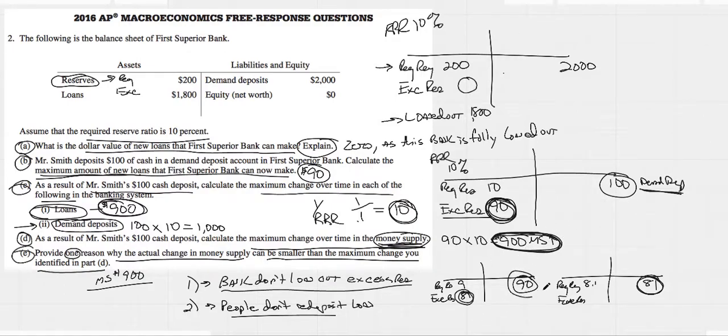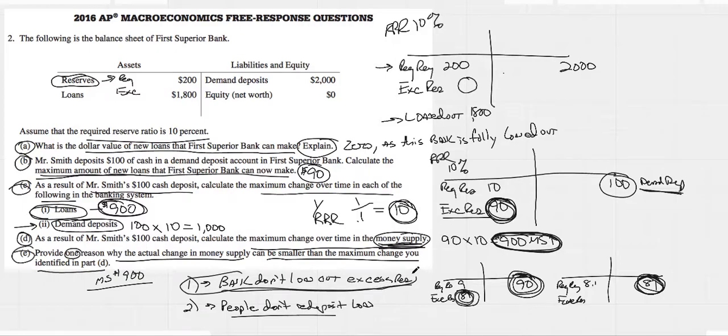If I don't take that $90 and put it in another bank so that bank can loan out the $81, and then they don't take that $81 and put it in another bank and loan it out, etc., you would not get the same expansion that you would have if we just assume that all of this money gets loaned out.